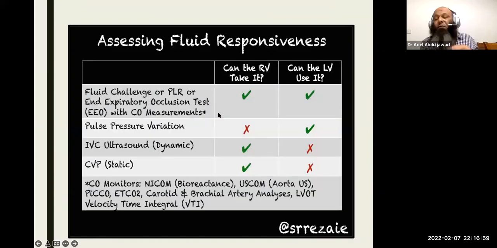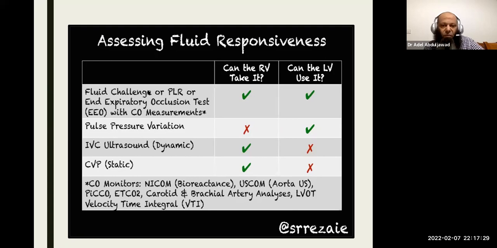If you want to ask yourself when I'm assessing fluid responsiveness, because now you are talking about the preload, for the RV, or you can assess the LV, during the fluid responsiveness assessment you are dealing with either static or dynamic parameters.